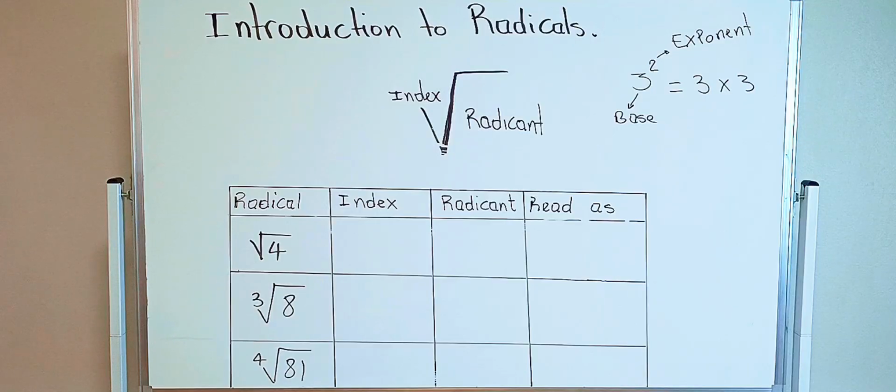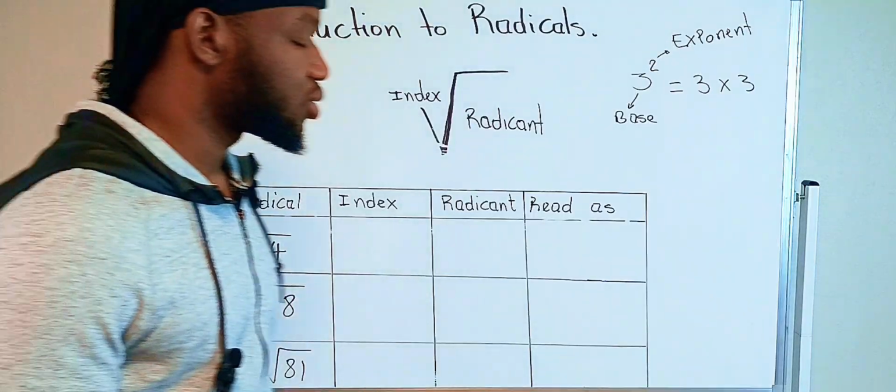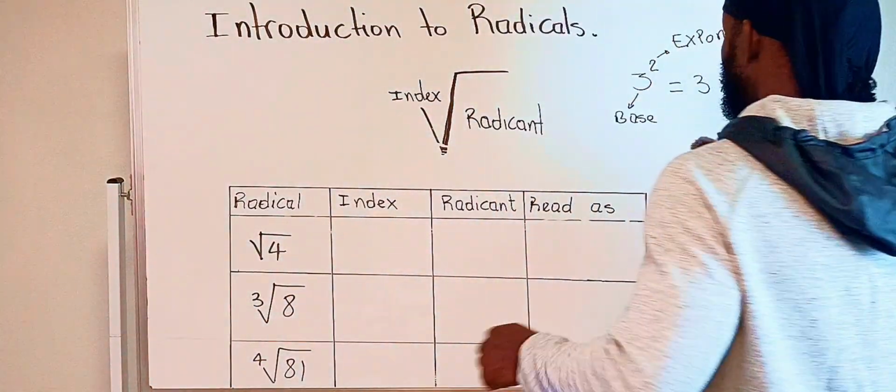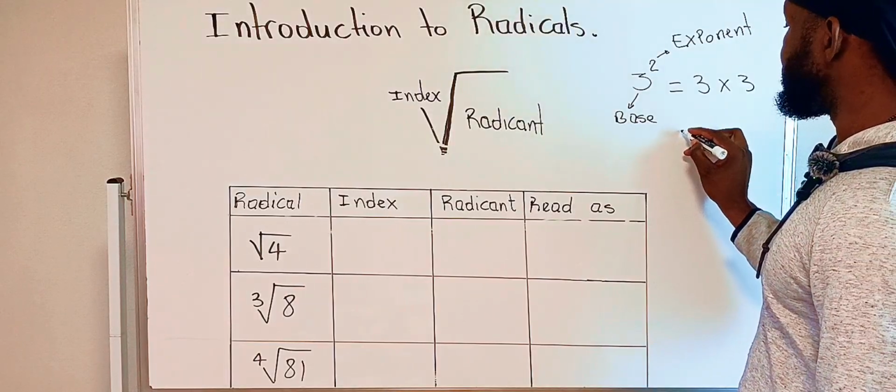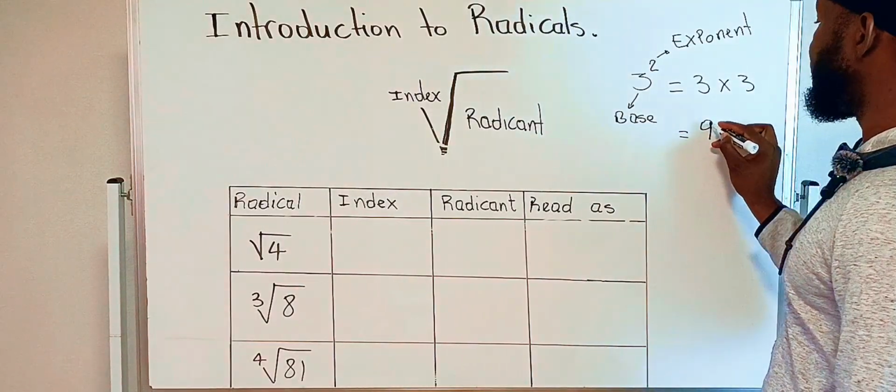A perfect square, guys, is a number or a variable that is the product of two identical rational factors. Let's say 3 times 3 is 9.